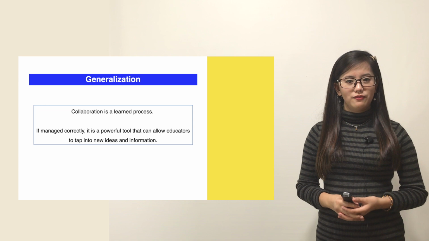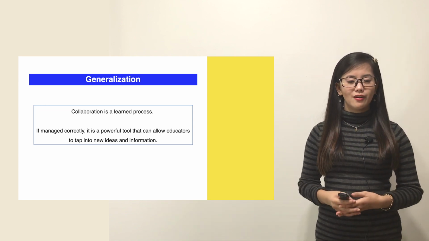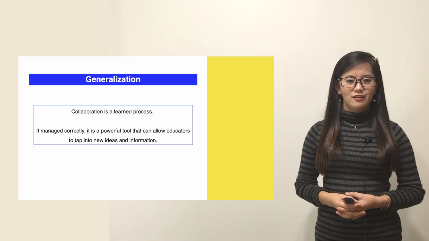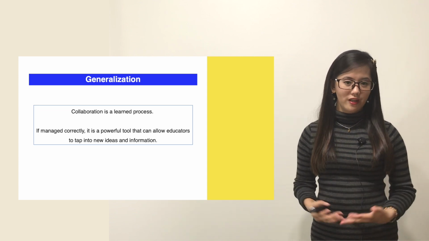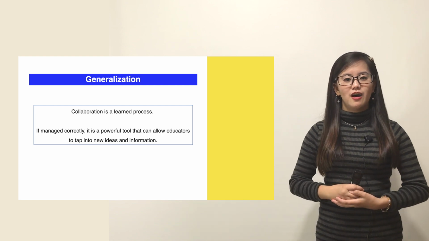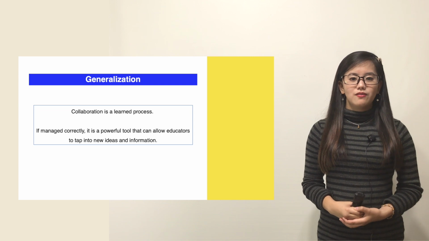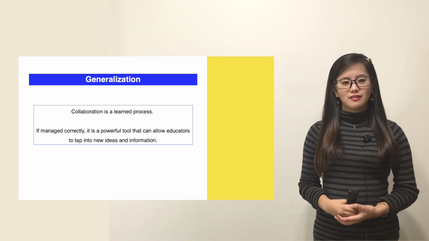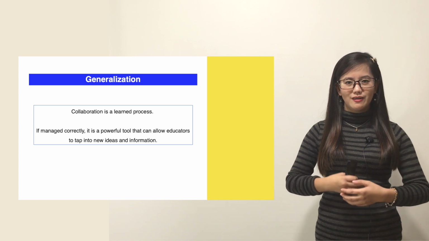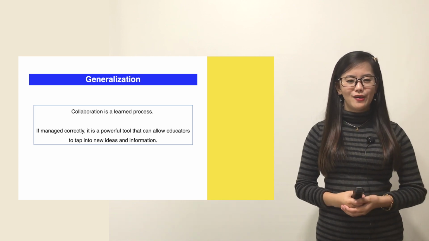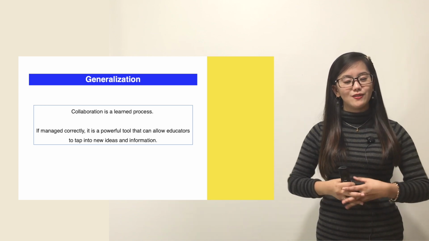So if you have taken down notes of these strategies, well done. And if you have more things to add, just put it down in your notes and I'm pretty sure it will come in handy. All right, so these are the different strategies and tips that I could share with you. I hope they are very useful and I hope they will be very effective once you use them.